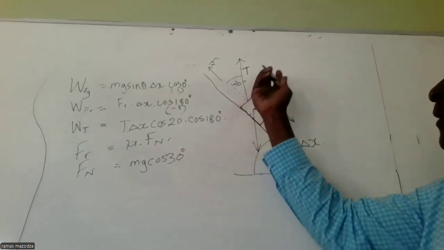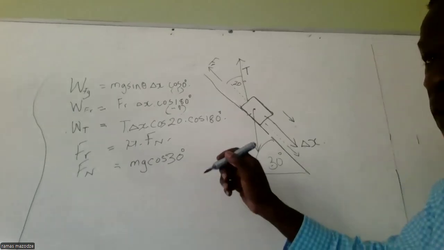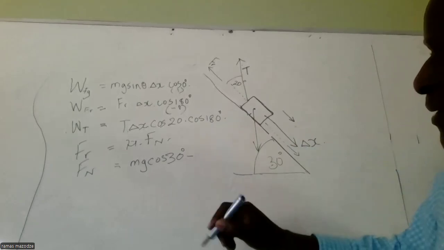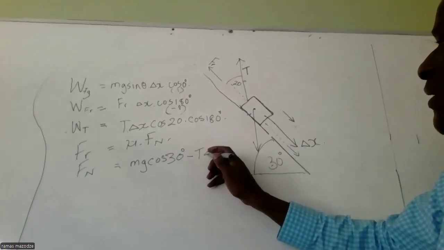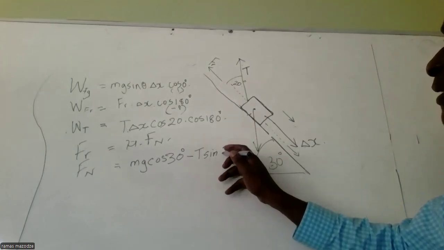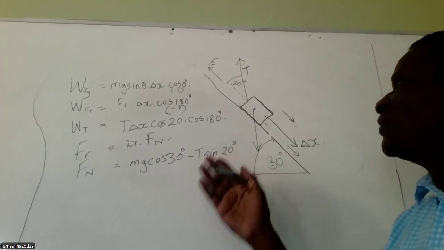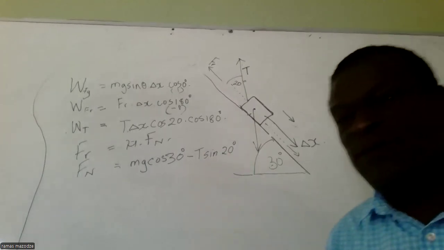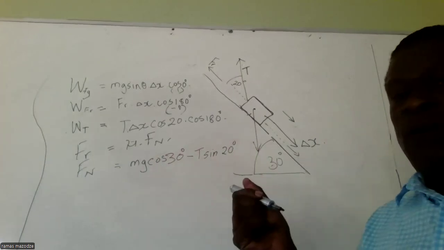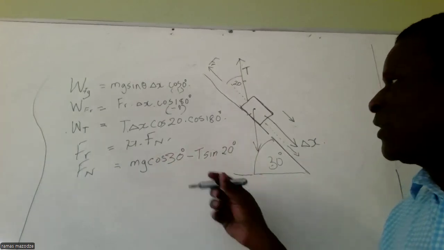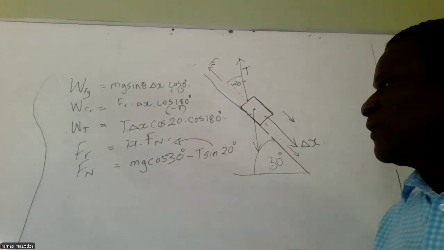But the tension is pulling up, so is that all? No. So minus T sin 20. We've explained how we get to this, and by now we just apply what we did. So mg cos 30 minus T sin 20. You can just substitute it there to get your frictional force.